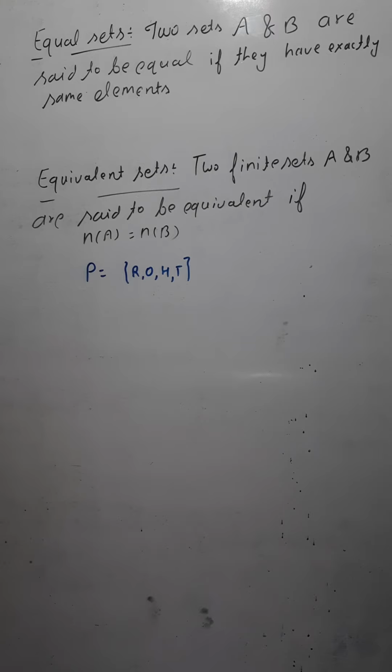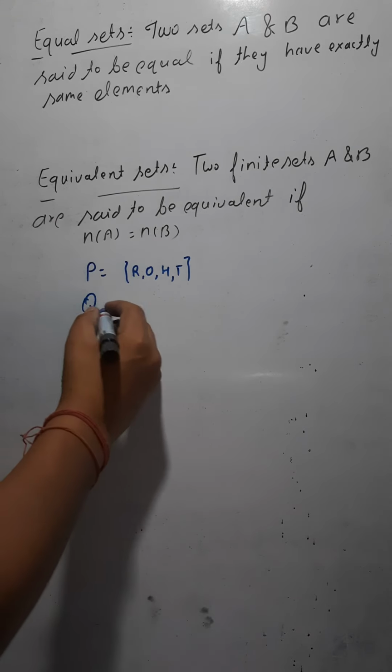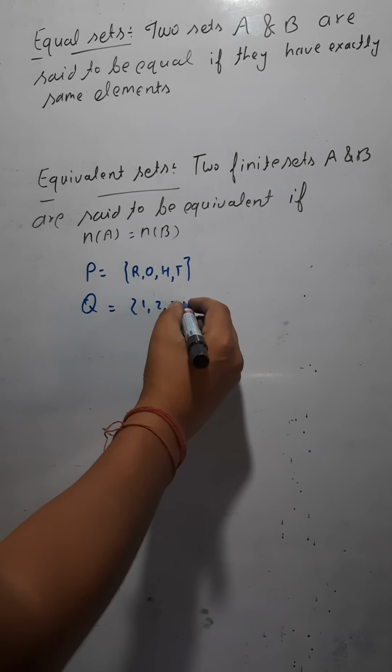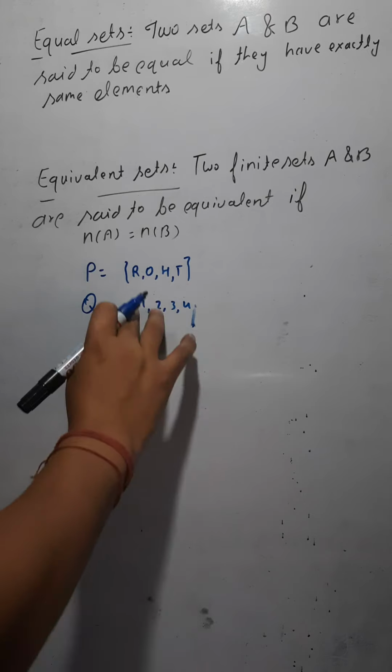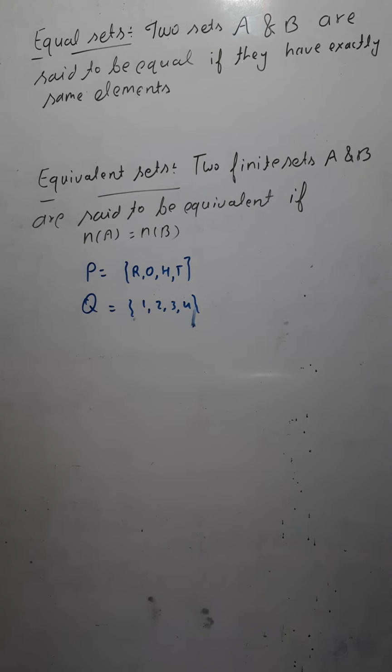Very good. Now I am taking another set Q which has the elements 1, 2, 3, 4. So now tell me, P and Q are which type of sets?